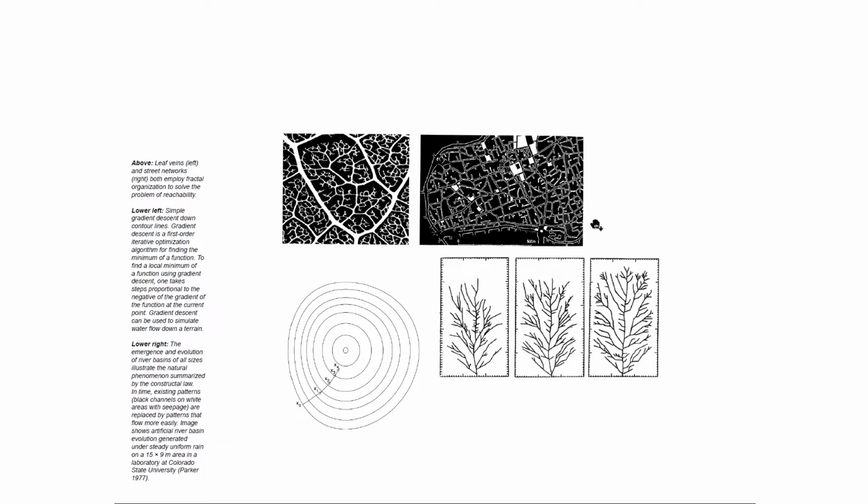And then again, similar problems appear in urban settings. This example here is a street network. I didn't put a reference here, but this is Sana'a, the city in Yemen, which is one of the oldest continuously settled cities in the world.